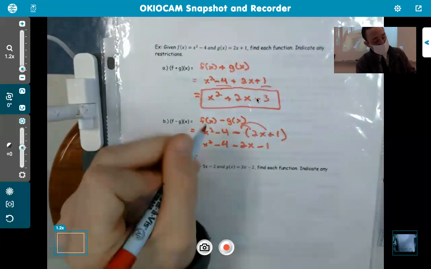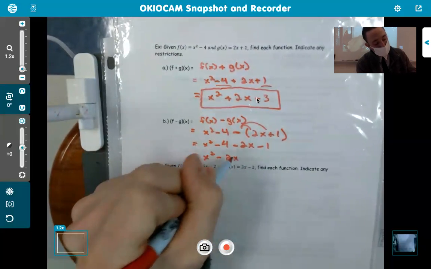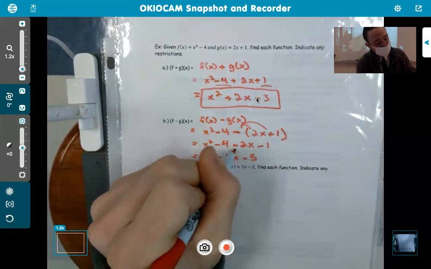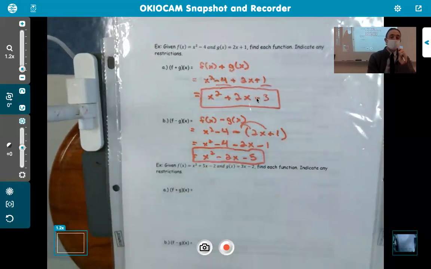And then I'll combine like terms again. So I'll have x squared minus 2x minus 5 for my final answer, since I couldn't combine anything besides the constant terms.